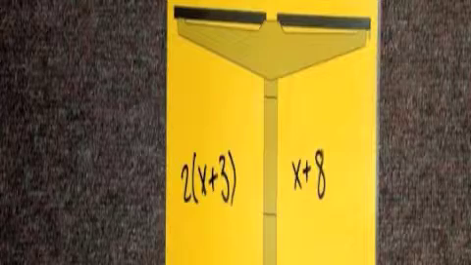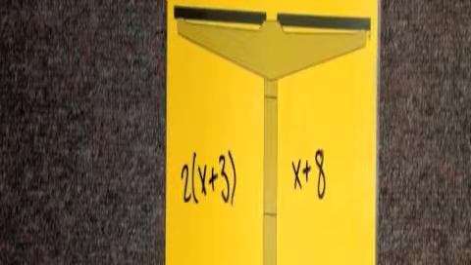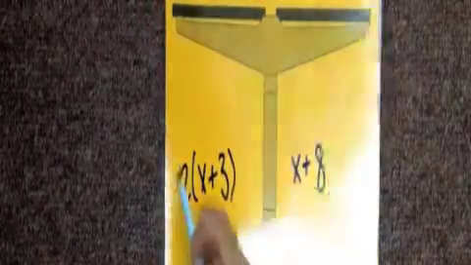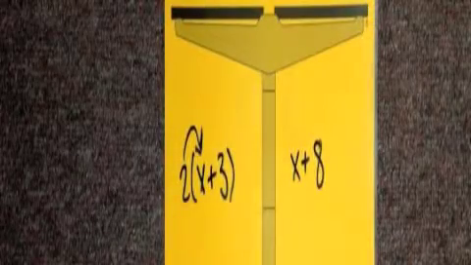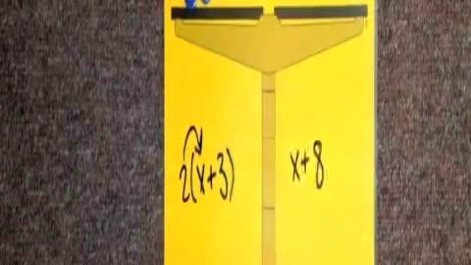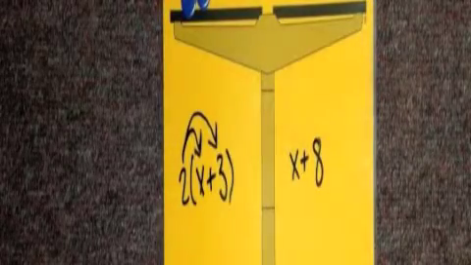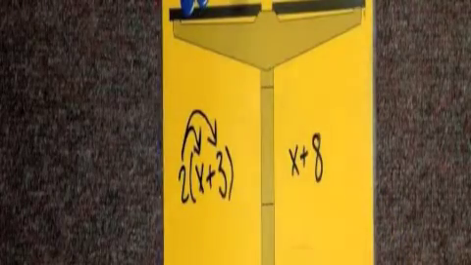The thing about the distributive property is that I need to distribute before I put my game pieces on. So I've got to think in my head, okay, the 2 is visiting the x in the house, so that means I need 2x. Plus the 2 visits the 3, so 2 times 3 is 6. And that's really all there is to it.